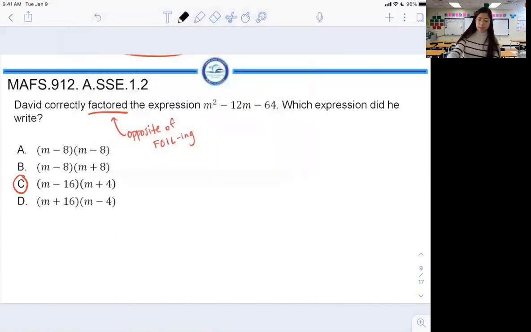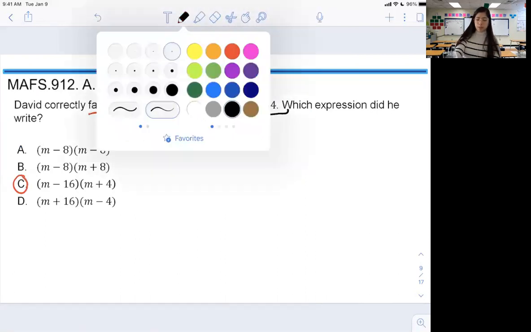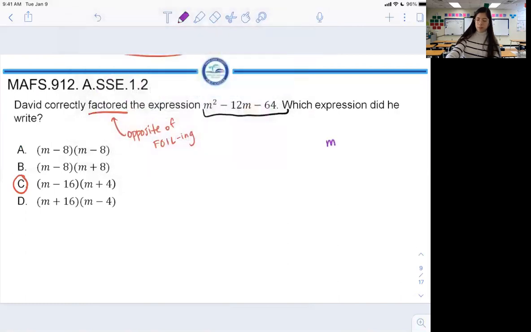So two ways, like I said, you can either look at what we've got and factor it. And in order to factor it, remember this, we need two numbers that multiply to make negative 64, and they need to add up to negative 12.